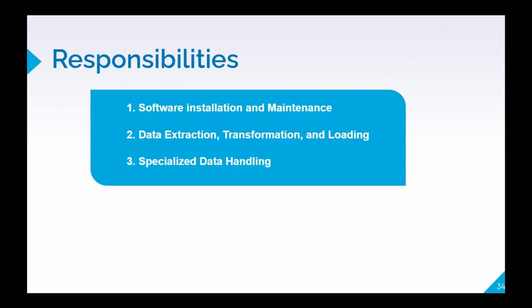So responsibilities. Number one, of course, you have the software installation and maintenance. A DBA often collaborates on the initial installation and configuration of the database. We have the system administrator, who sets up the hardware and deploys the operating system for a particular database server, whereas the database administrator installs the database software and configures it for use.